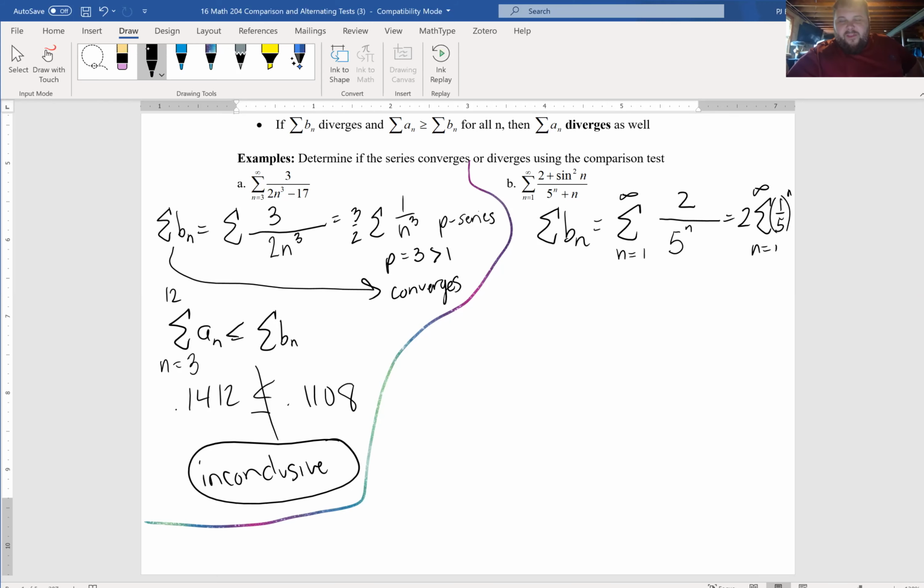We can write it as 1/5 to the n, because 1 can always be 1 to the n. So for this, r is equal to 1/5. Absolute value of that is less than 1. Therefore, it converges, right? Remember, that one's backwards to the P series. If P is greater than 1, it converges. If r is less than 1, it converges.